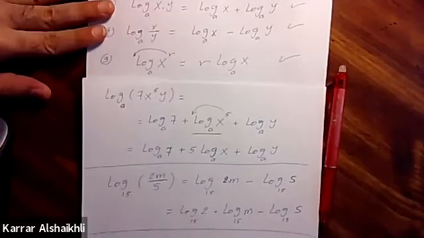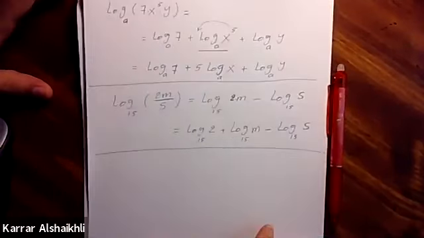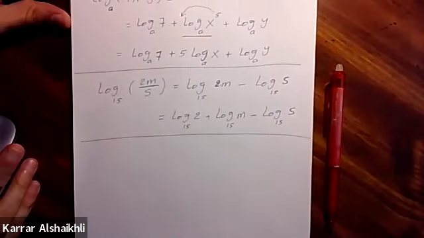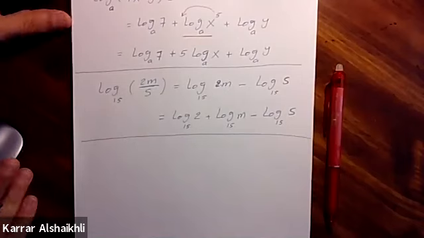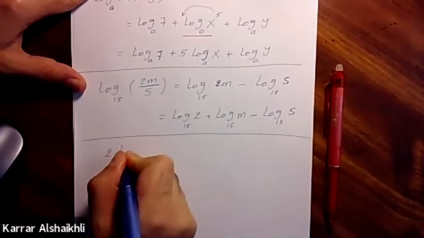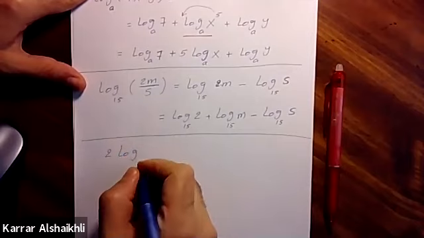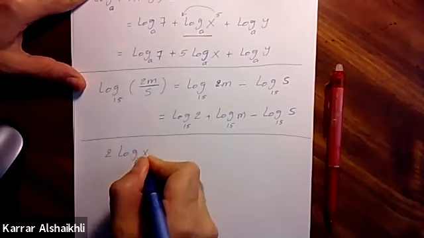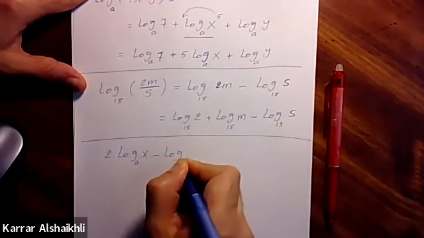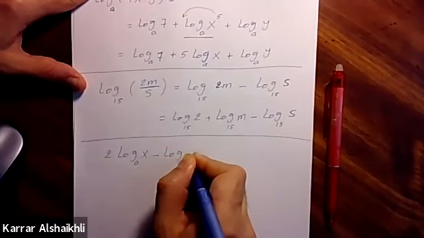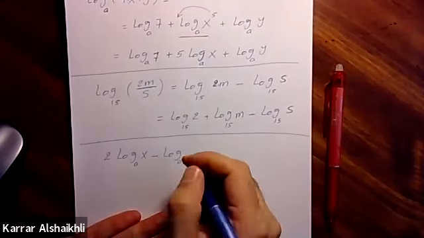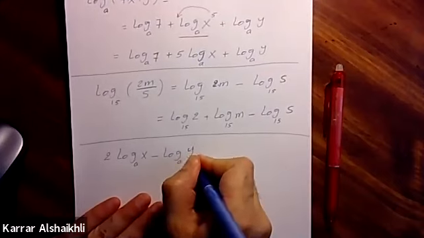Now, if they ask you to write down a single log, for example, if they give you 2 log to the base a of x minus log to the base a of y.